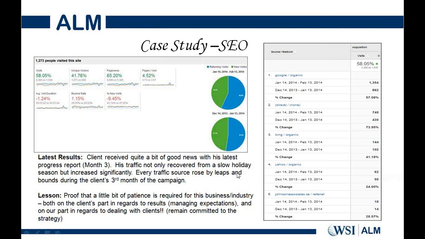What did those 50 additional visitors really do for the client's conversions? That's what's significant, because we're now generating 50 more targeted visitors looking for his specific services. That's a huge difference for him, because he was getting 50. We've doubled the number of targeted visitors to his website, and then we see what it does to his conversions.